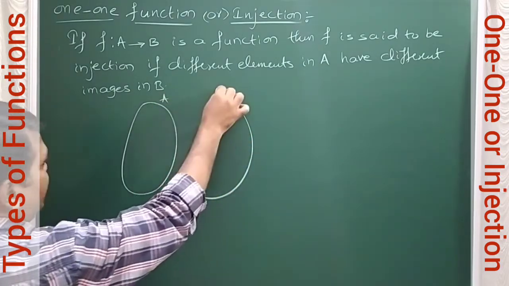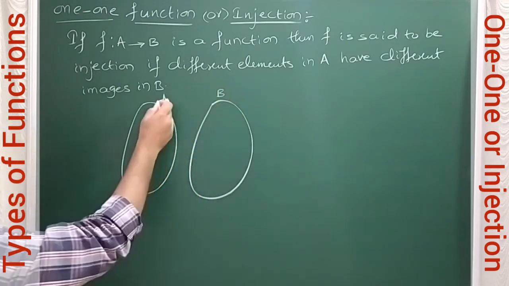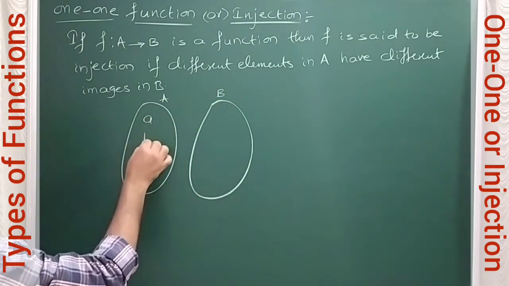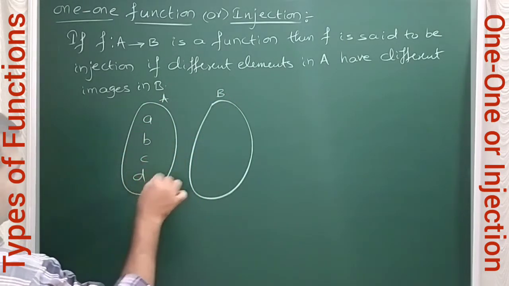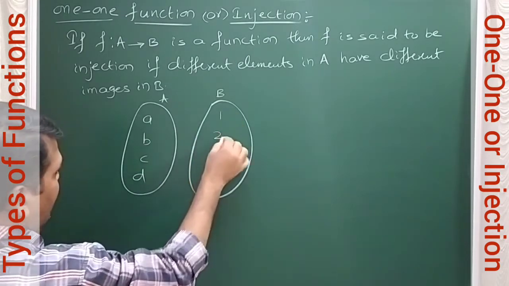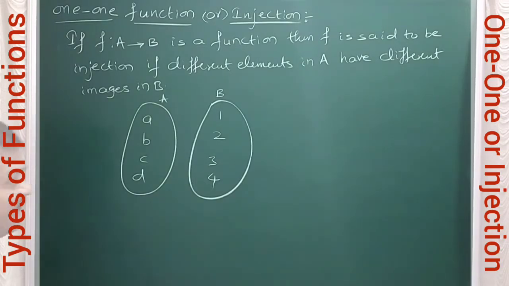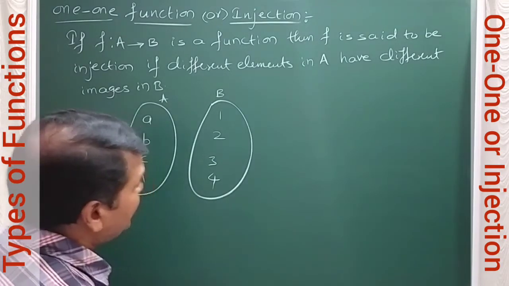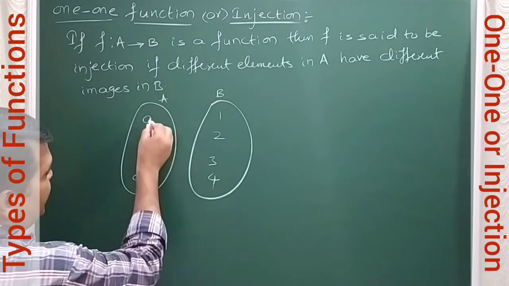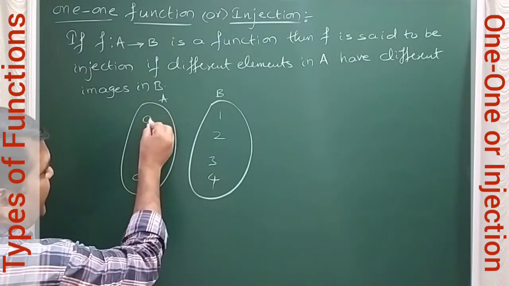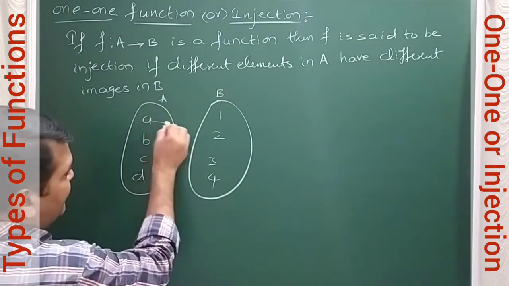For example, I will take set A having A, B, C, D, and set B as the codomain, with 1, 2, 3, 4. Now different elements must have different images. For element A, I will take the image as 2.